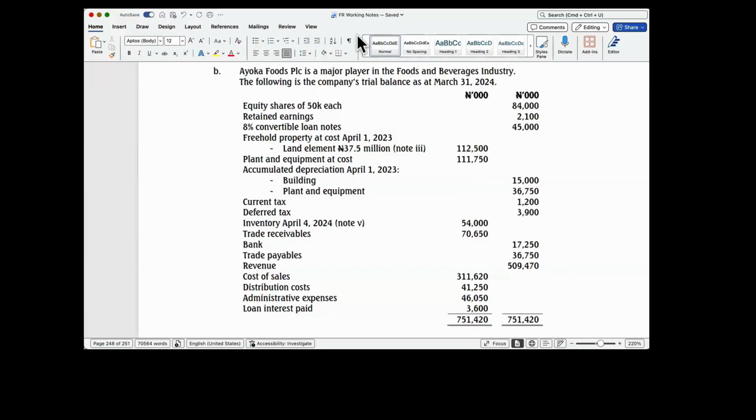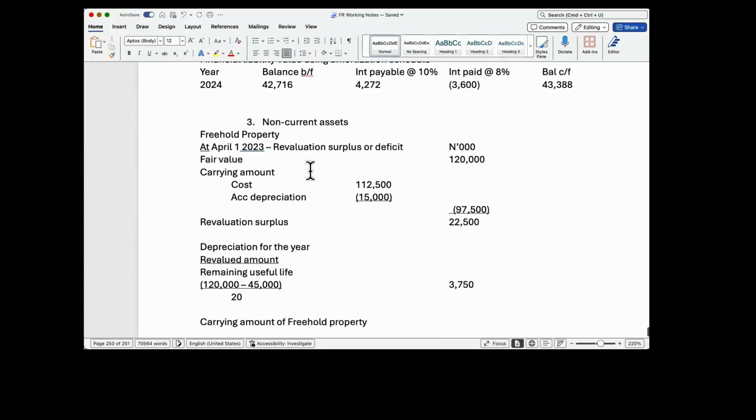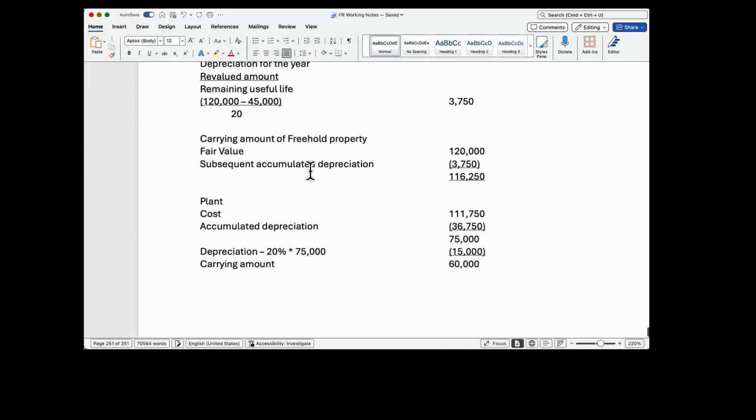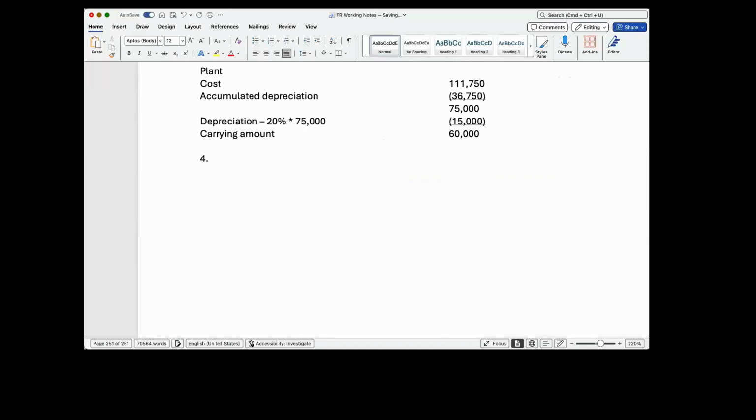And I would need to make some adjustment to that. So let me deal with my current tax first. That's note 4. Current tax.